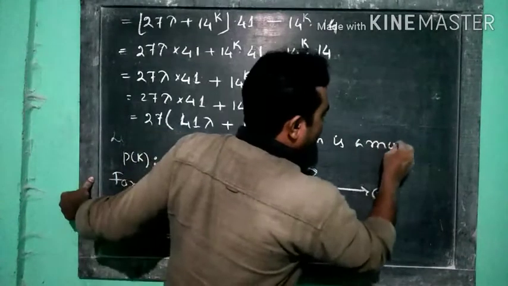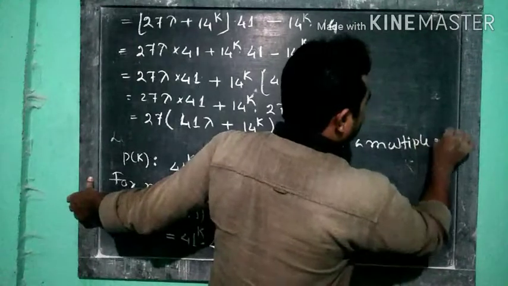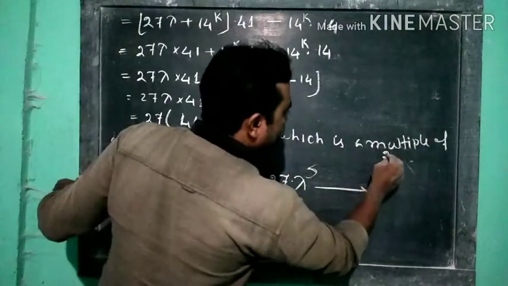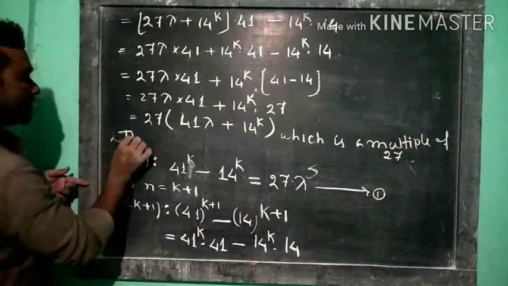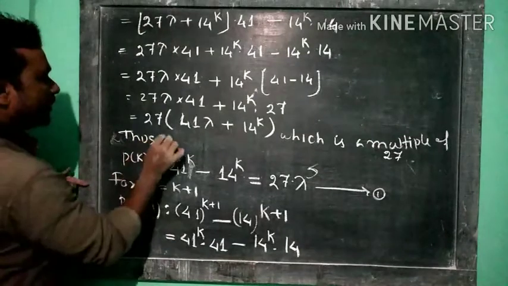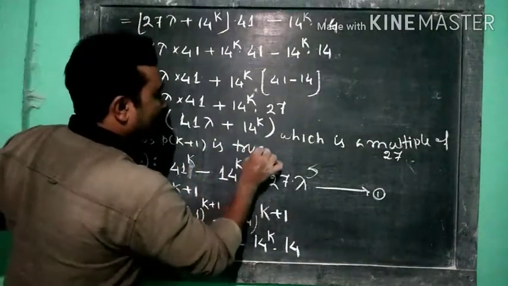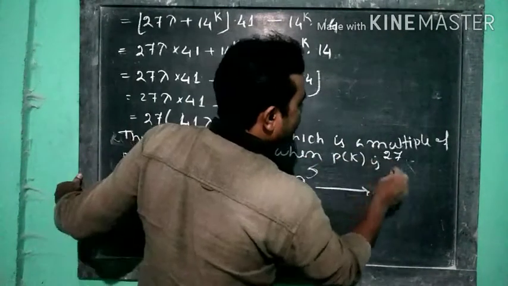Thus P of k plus 1 is true when P of k is true.